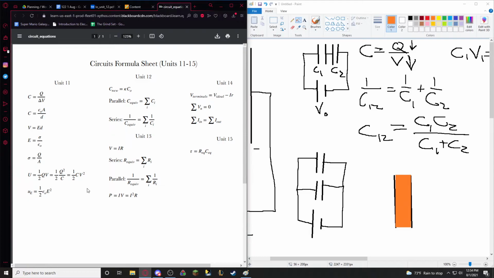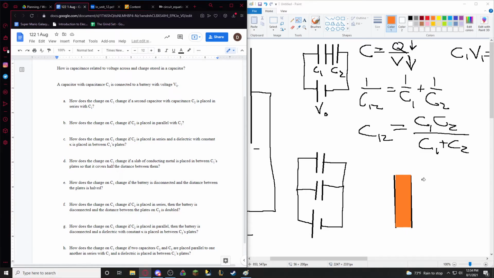So, would we be able to know anything about the charge? If we place a dielectric between capacitor plates, does the charge increase or decrease? What was this again in series? Let's ignore C2 for now. Let's just think about C1.